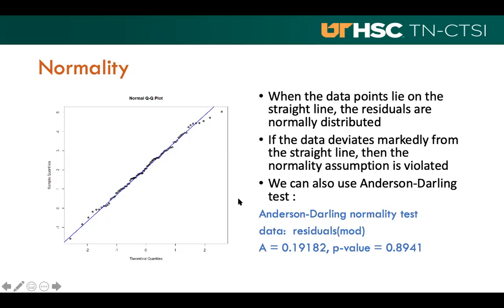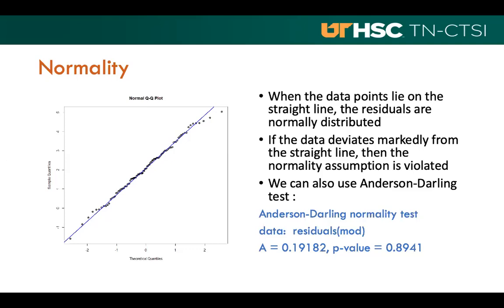So we plot again the residuals. If the data points do not deviate from the straight line as in this figure, we can use linear regression for the analysis.